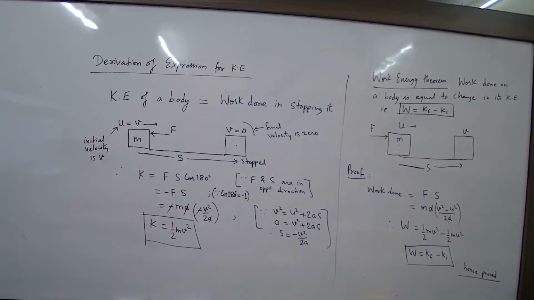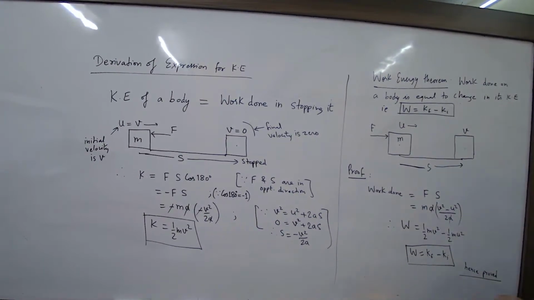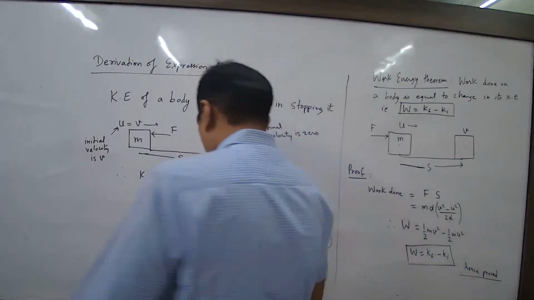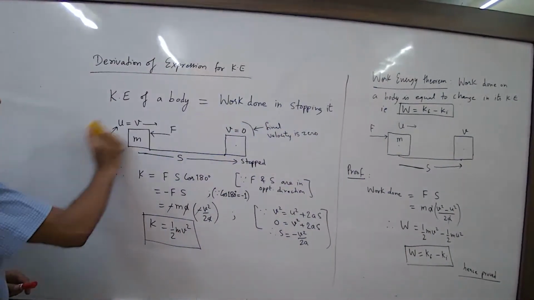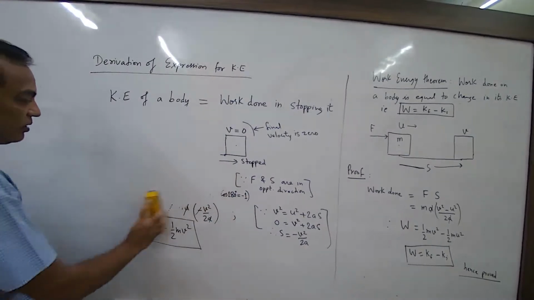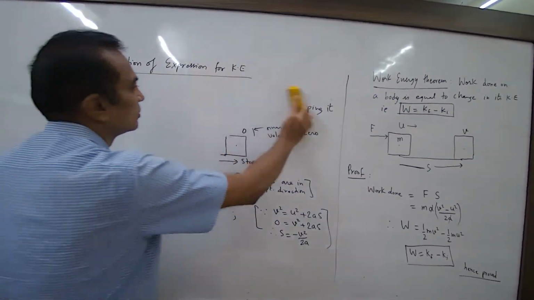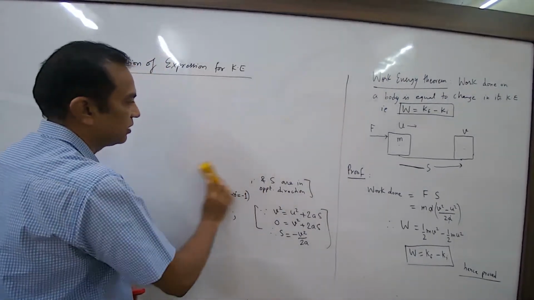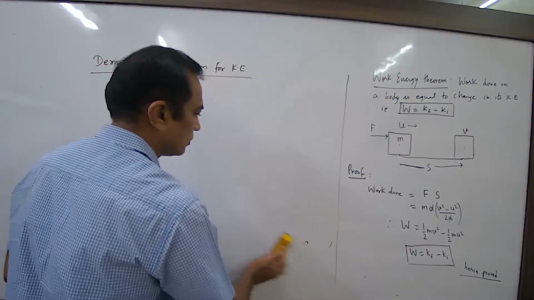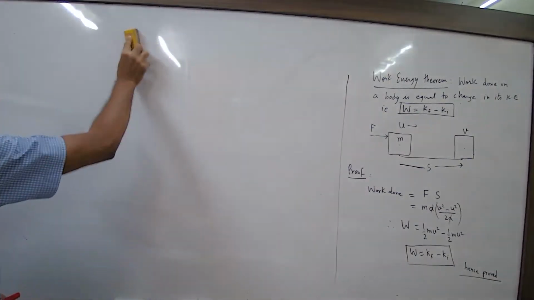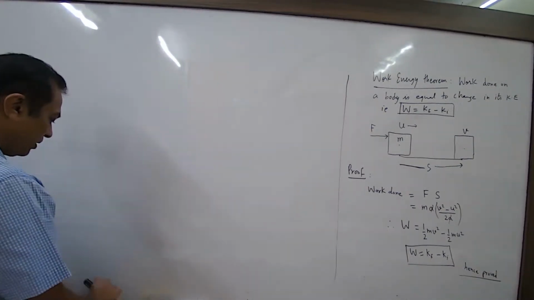So what we'll discuss now is different types of kinetic energy. So we are already familiar with different types of potential energy, gravitational and elastic. So what are the different types of kinetic energy?